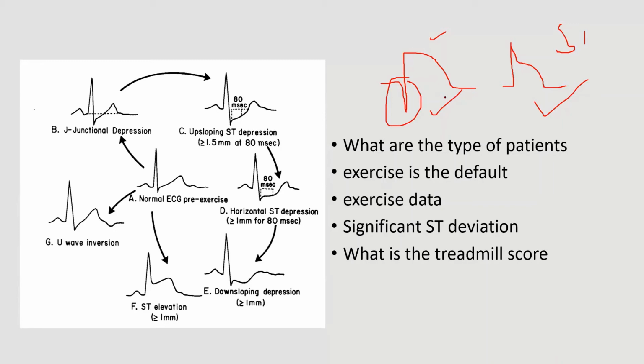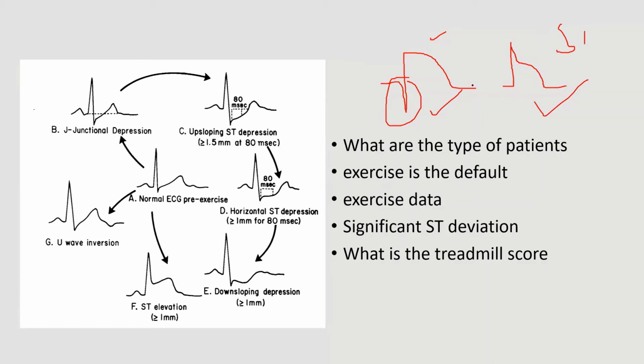That does not mean I have a new insult. This is the same old insult expressed in a different way. But if I have an upright complex like this without Q wave and I get ST segment elevation during exercise, that's significant. Okay. In this case, you are gonna shout out loud for help, but not in this case.